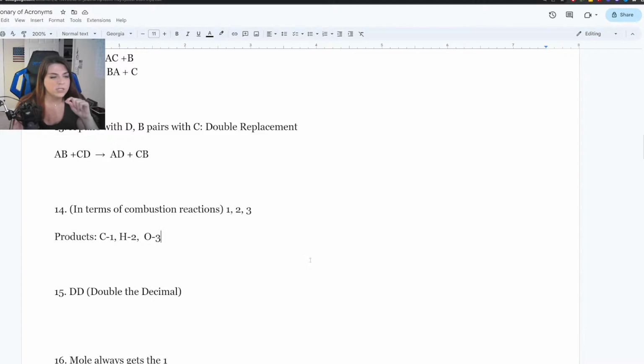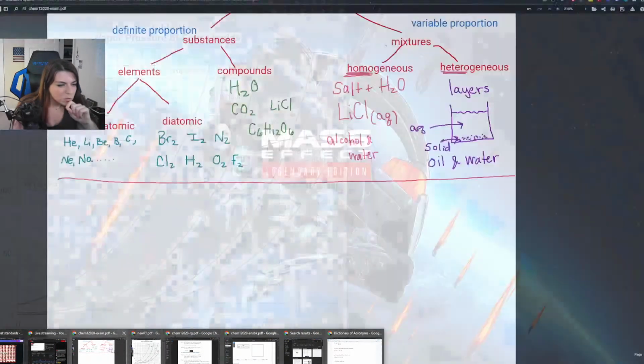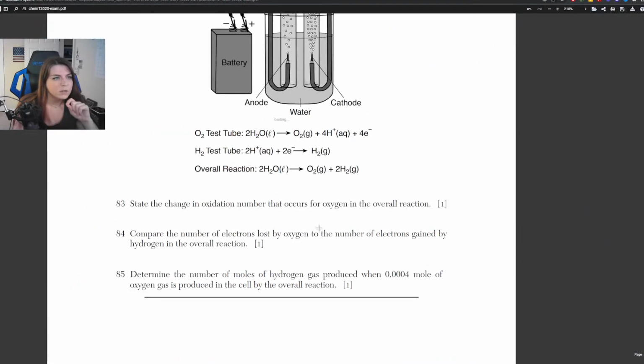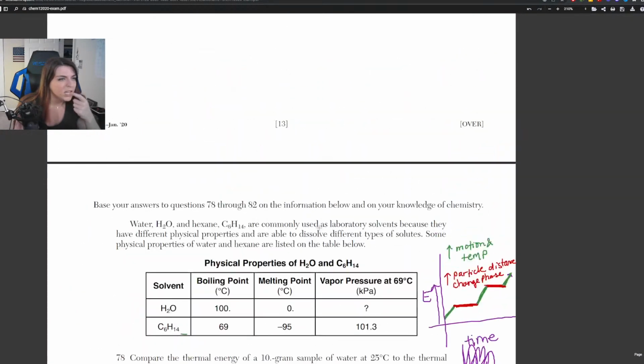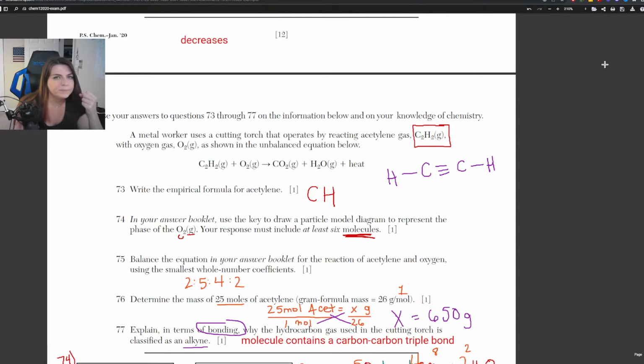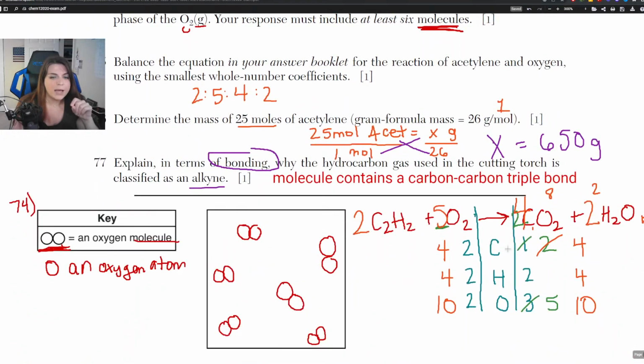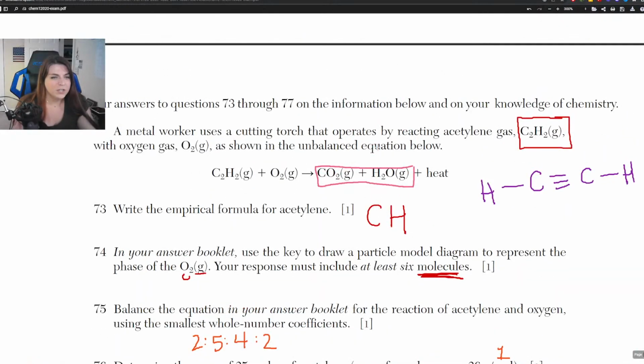And we had a combustion on this test, so I will pull it up. Here it is. This is a combustion because my products are carbon dioxide and water, CO2 and H2O. And then if we look at how I balanced them, which is really ugly at this point, we can redo it over here.